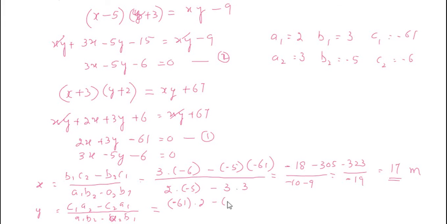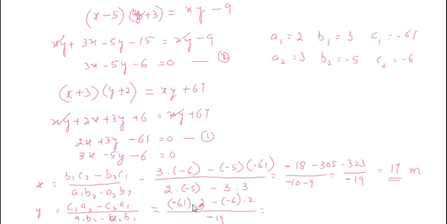C2 is minus 6, A1 is 2, divided by, we know it is minus 19.